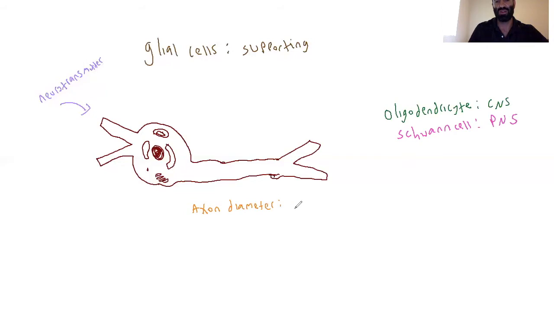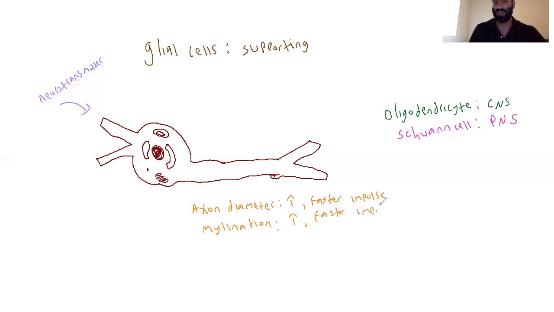The larger the diameter, the faster the impulse. The other one is the amount of myelination. And the greater the myelination, once again, the faster the impulse.